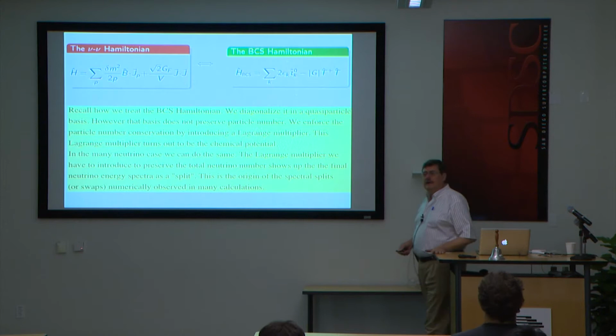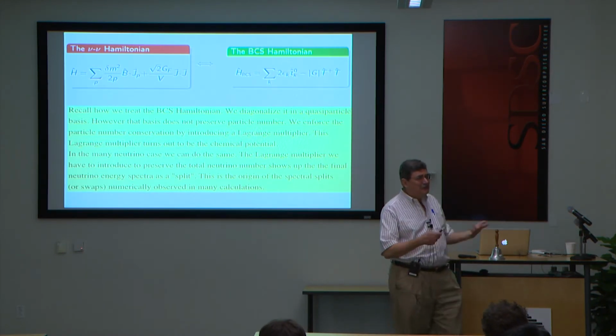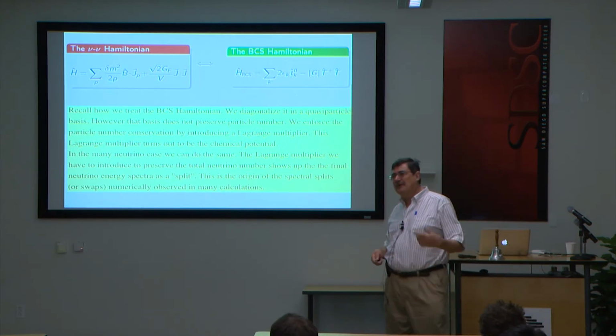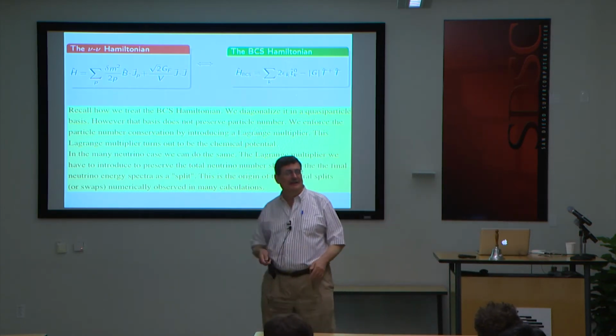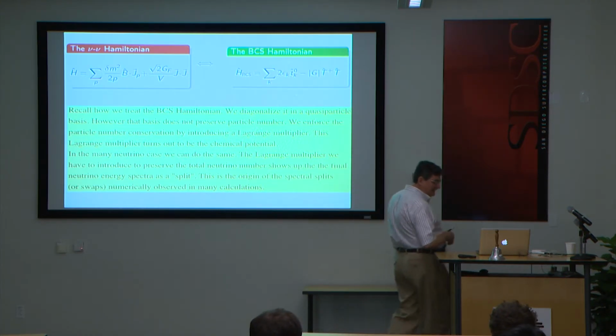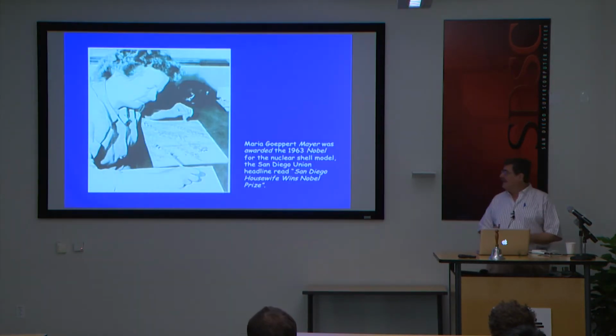All right, so the topic of my lecture was frontiers in neutrino physics, this lecture officially at least. So I have to tell you a few other things about neutrinos besides what we have discussed so far. And I figured since we are in San Diego, I should talk about Maria Mayer a little bit.